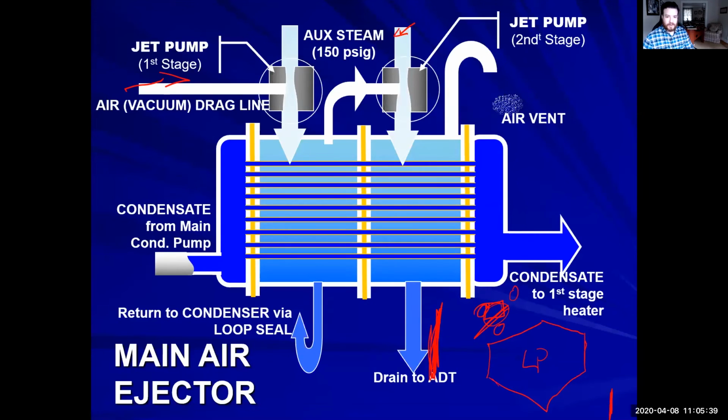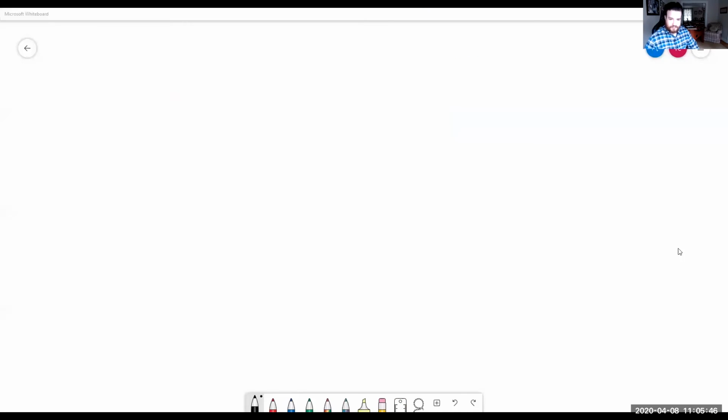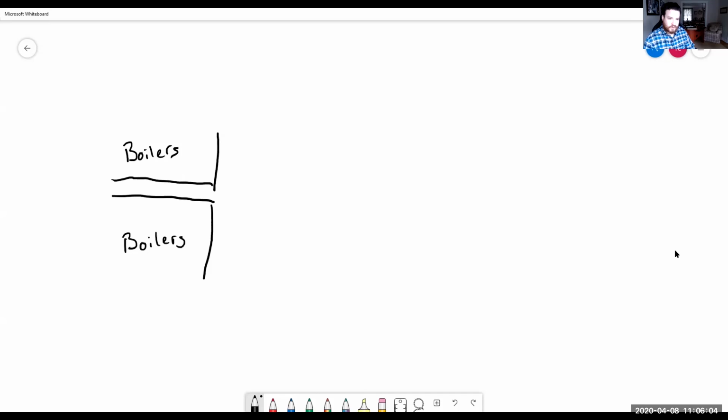Let's pull up a bigger whiteboard. If we have both our boilers, a little hallway in between them, and we have our high pressure turbine right here.